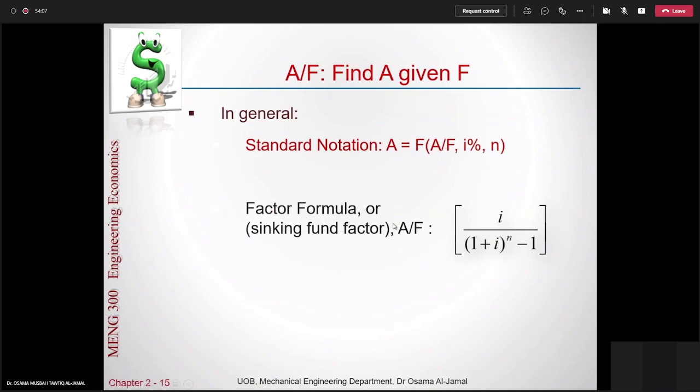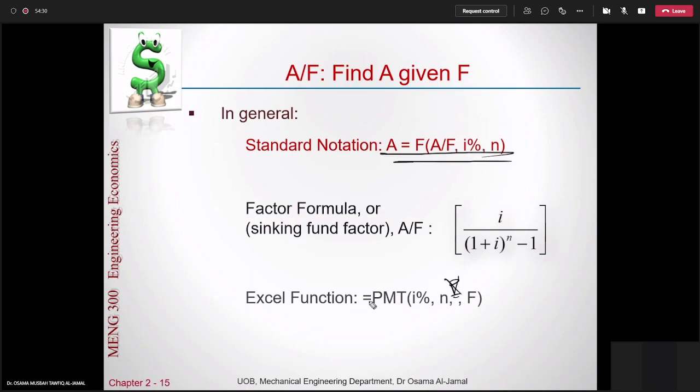Using Excel, it's exactly the same. What you need to find here is payments, PMT, so equal to PMT, start with the I, and then N, and the empty one here is for P. Since we don't have a P in here, we'll leave it blank.